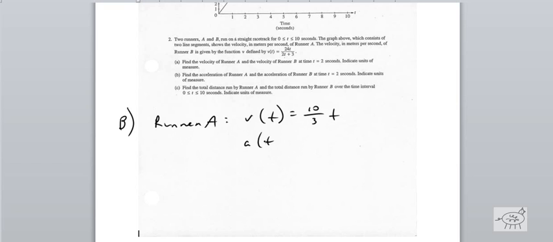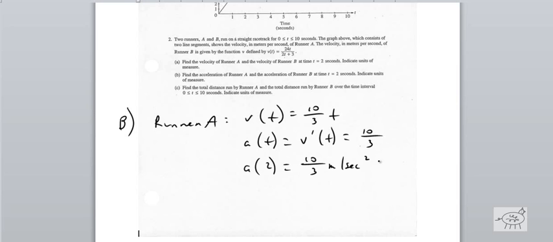So A of t is the first derivative of V of t, which is just 10 thirds. Do you guys agree? So it's constant. It doesn't matter what t is. So A of 2 seconds is just 10 thirds, again, meters per second squared.